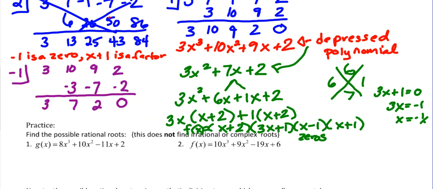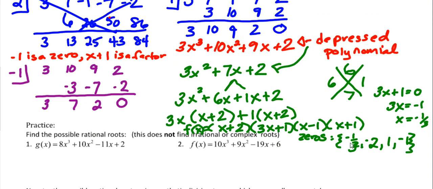X equals -1/3. So my zeros would be -1/3. Oops, I said half. And -2. +1 and -1. Okay, so factors and zeros.